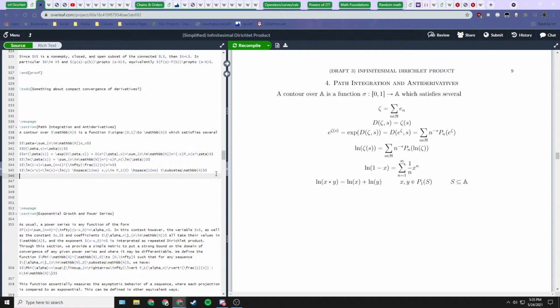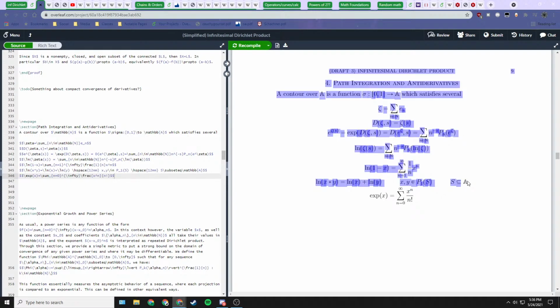So if we just define exponential as its Taylor series, something like this, so we'll have x to the power n over n factorial. It's not too difficult to show that this will converge everywhere, even if x is just in our A set in general.